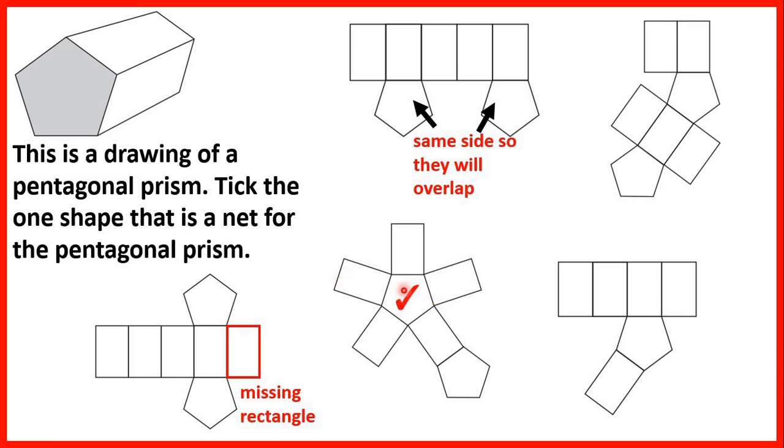We can fold up each of these rectangular faces, and then this other pentagon will be able to fold over the top, so make a pentagonal prism. The problem with this net is that these 2 rectangles will overlap, and then this edge here won't have a rectangle covering it. And the problem with this diagram is that there's only one pentagon, and with a prism we have the same 2D shape on both ends.